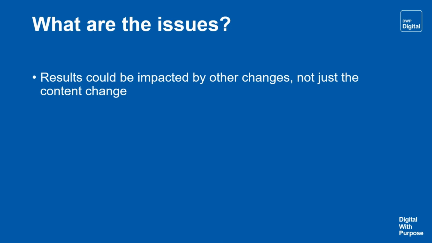The second issue is that the results that we see could be impacted by those confounding variables that I mentioned earlier, other changes that go on and noise that happens around the tests that we're running. We're quite lucky in a lot of the services on DWP that we don't have what you see a lot in the private sector with hugely seasonal spikes.